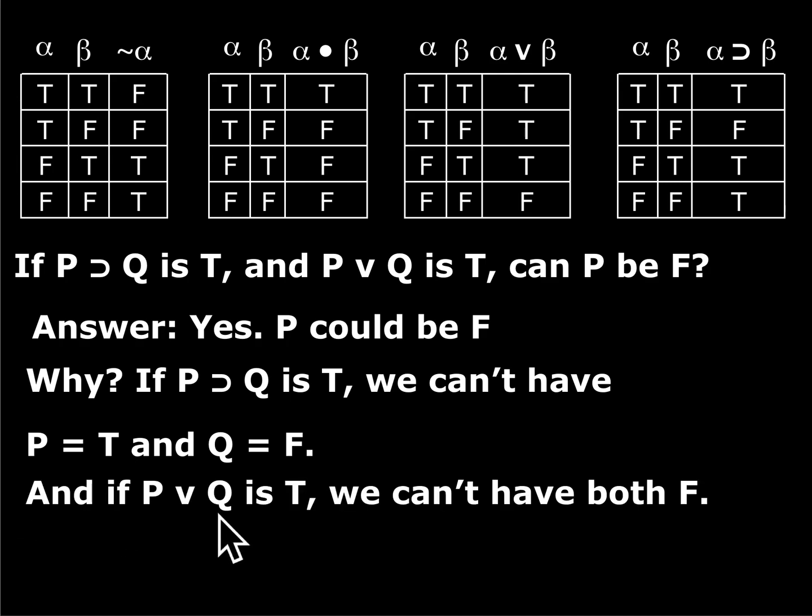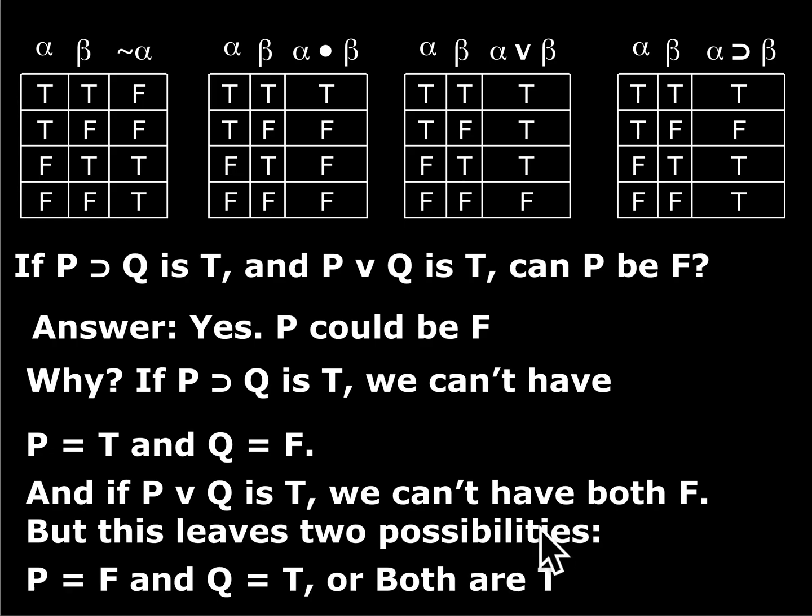And if P or Q, if that disjunction is true, we can't have them as both false, right? So here's the disjunction. The disjunction is true. That means they can't both be false, right? So we're ruling out this combination, P is true, Q is false, and we're ruling out both of them are false. That leaves 2 possibilities.